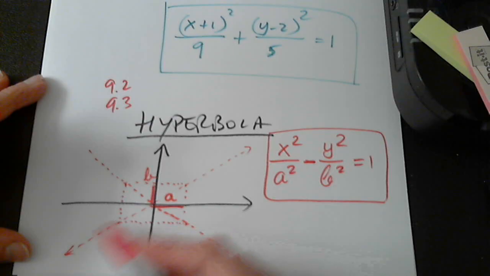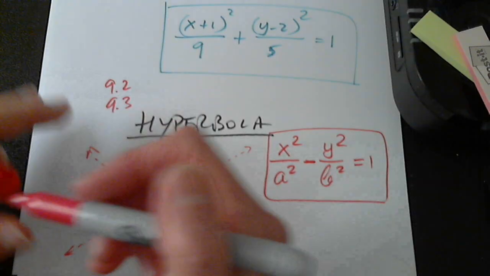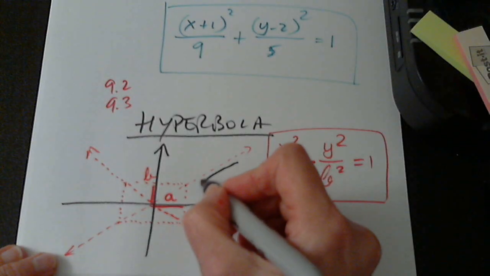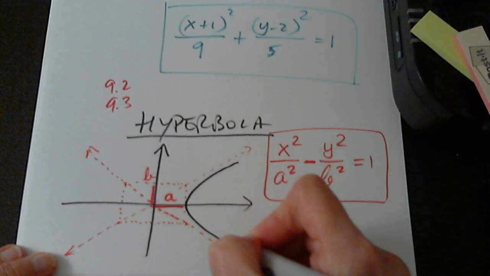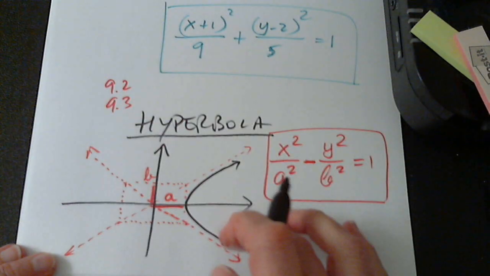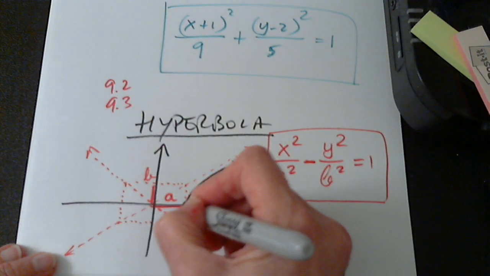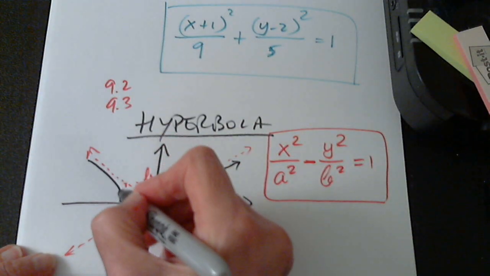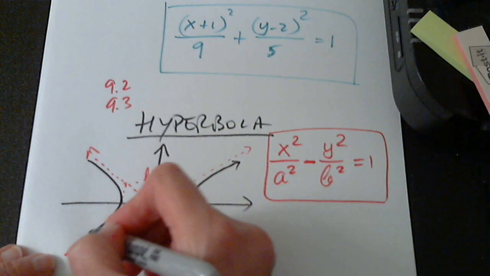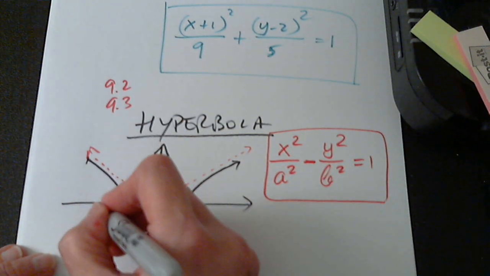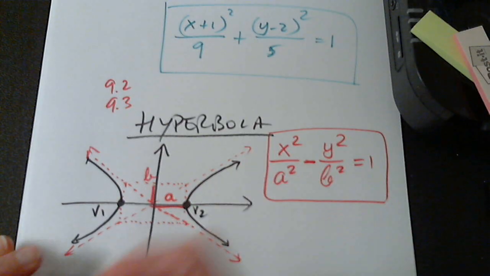Then we will graph the hyperbola. This is the actual hyperbola; everything else is helping us graph it. This is the vertex, one of them, and here is the other one. So this will be V1, this will be V2.